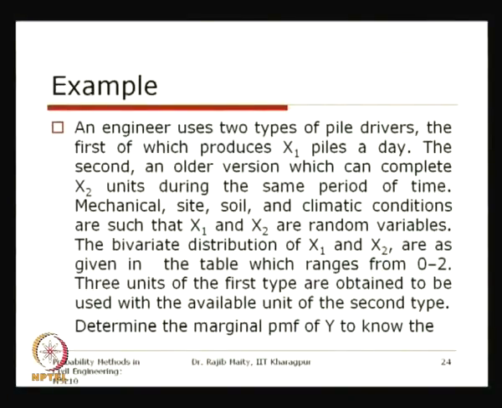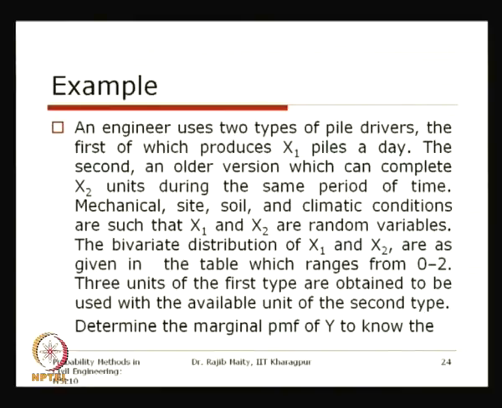So, we have taken one example here. An engineer uses two types of pile drivers, the first of which produces x1 piles a day, and the second one is an older version which can complete x2 units during the same period of time. Mechanical conditions, site conditions, soil conditions, and climatic conditions can all influence x1 and x2, so x1 and x2 are treated as random variables.